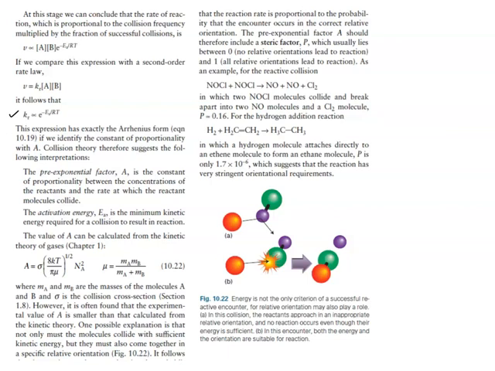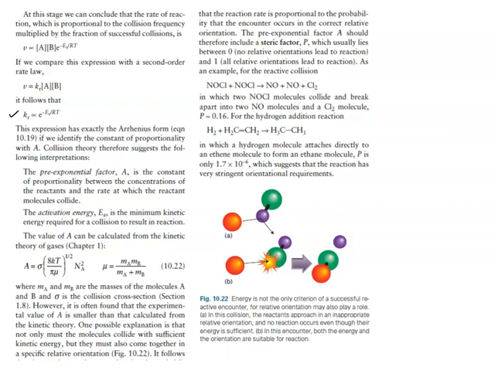Collision theory therefore suggests the following interpretations. 1. The pre-exponential factor A is the constant of proportionality between the concentrations of reactants and the rate at which the reactant molecules collide. And 2. The activation energy is the minimum kinetic energy required for a collision to result in reaction.